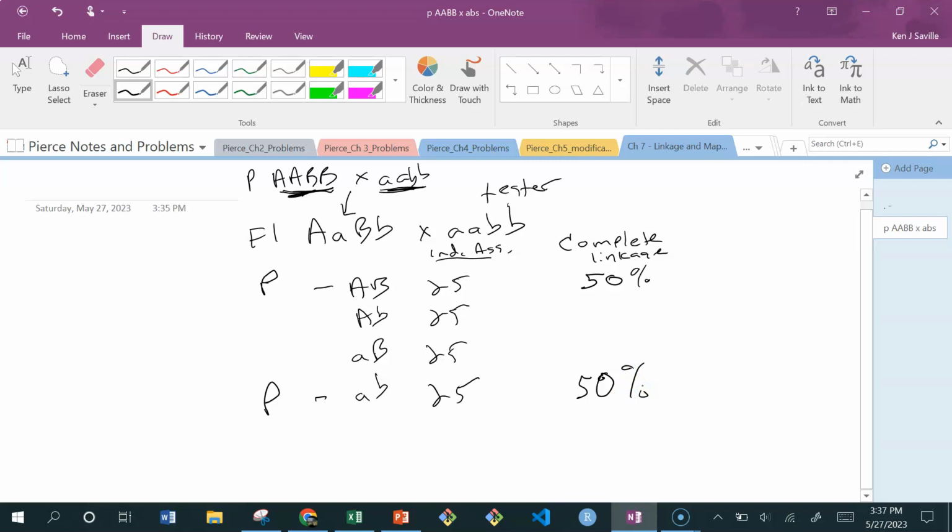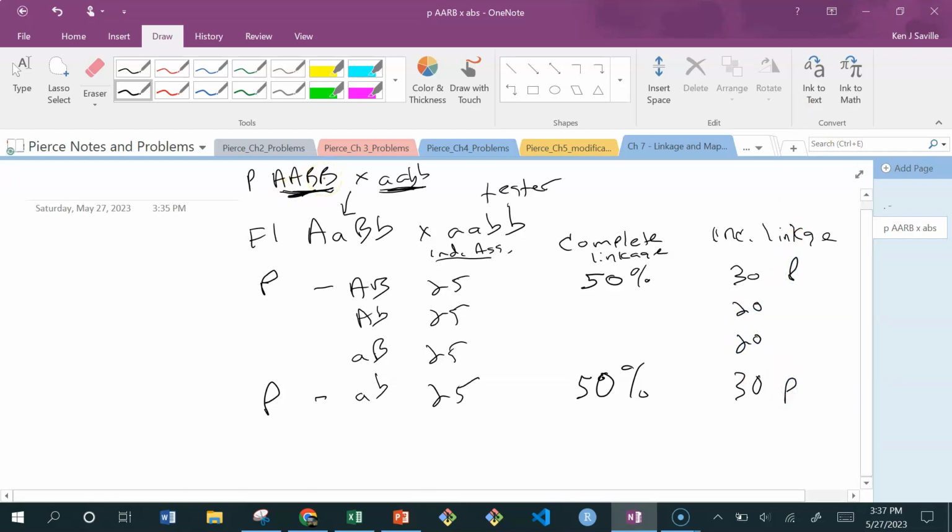If we get incomplete linkage, we'll get more parentals than the other ones, but we'll still get some of the other ones. So let's say 30% and 30%, that's 60%, and then 20% and 20%. So we'll get 30% parentals, 30% parentals.